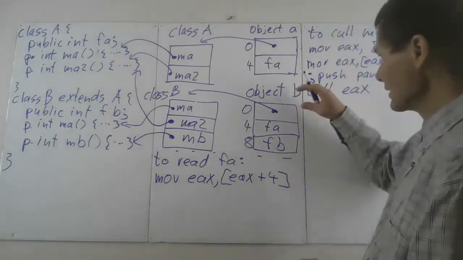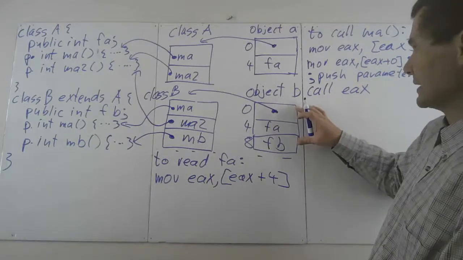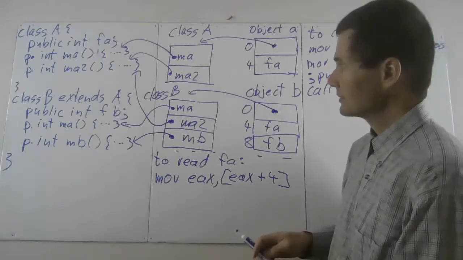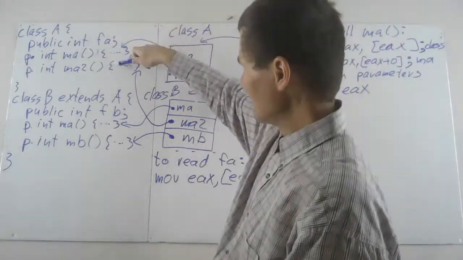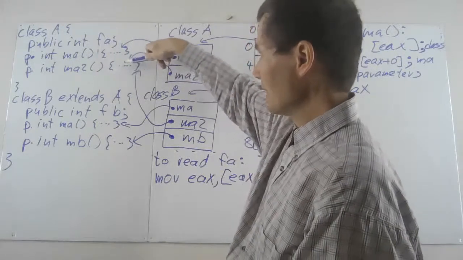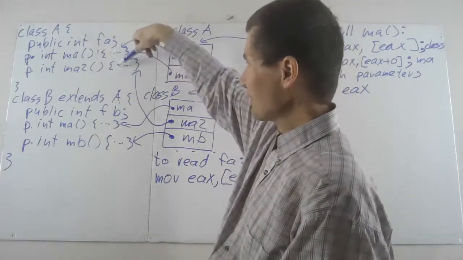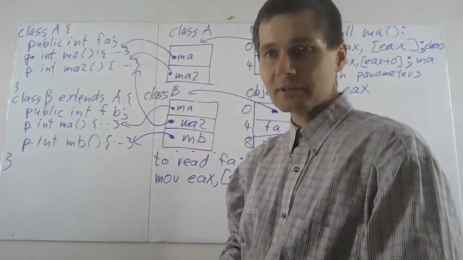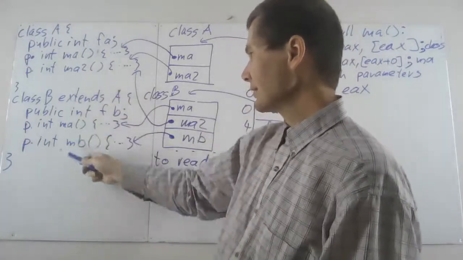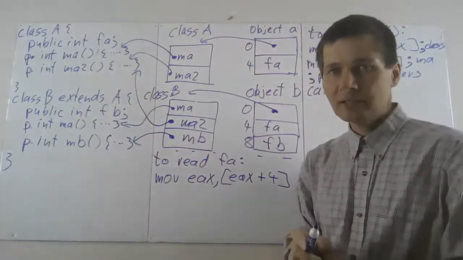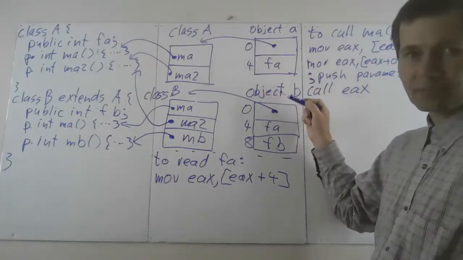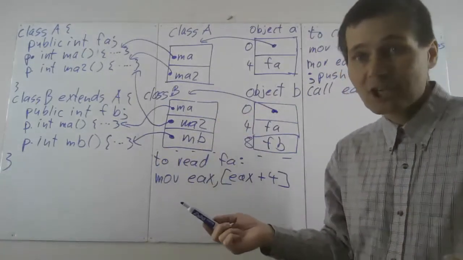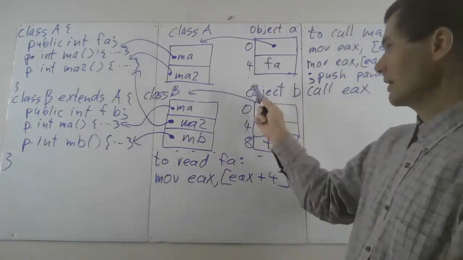For private fields, you do need them in an object of class B, because for example, here I have method MA2. If class A has a private field, then MA2 could access that private field. And MA2 is inherited in class B. So I could have an object of class B, and I could call MA2 on it, and it would have to be able to access that private field.